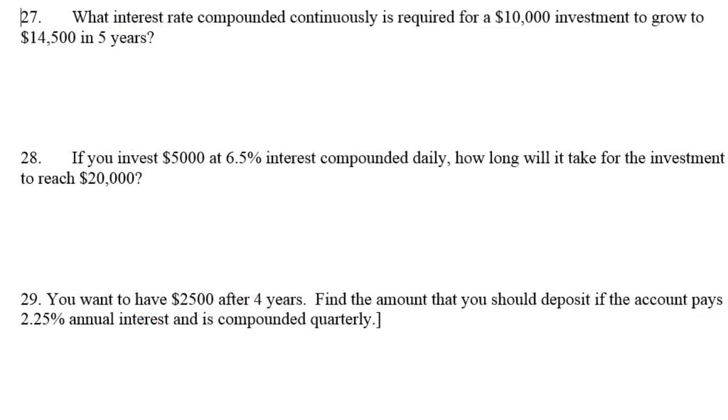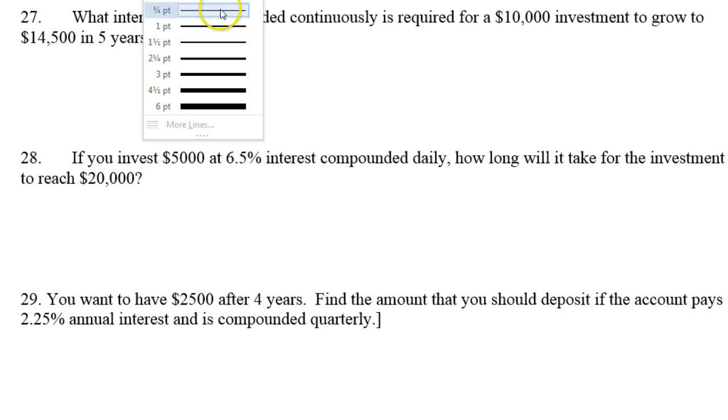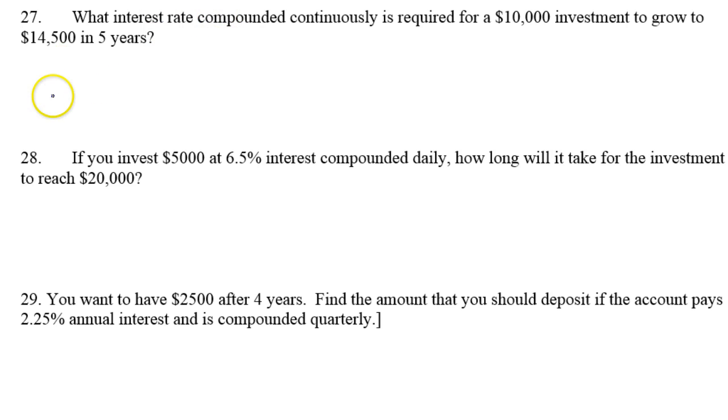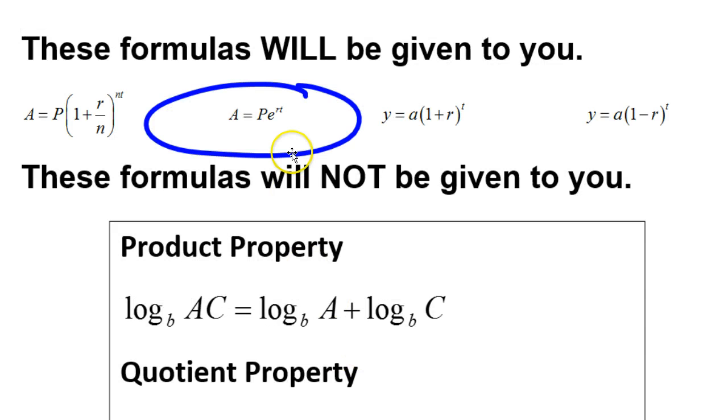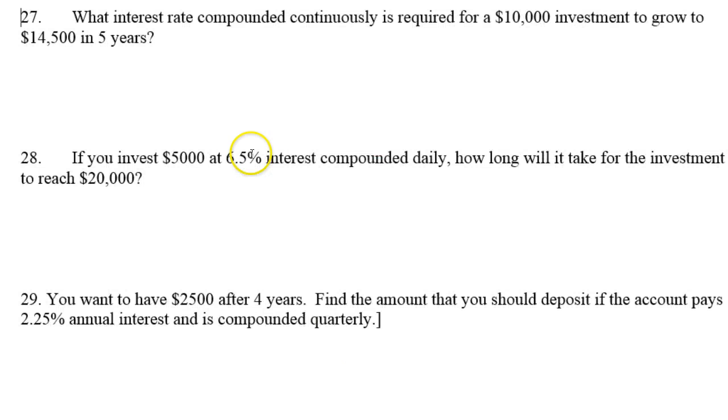All right, number 27. What interest rate compounded continuously is required for a $10,000 investment to grow to $14,500 in 5 years? Well, what formula do we use when it says continuously? We're using the Pert formula.